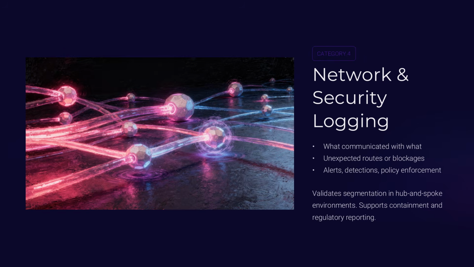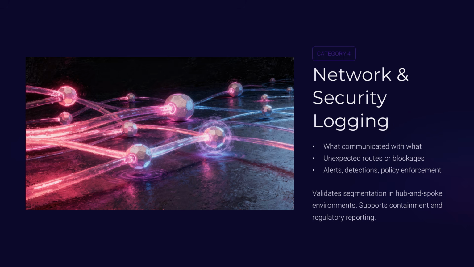With workload logging in place, you now cover network and security logging because many incidents are explained by traffic flow. Network logs help you understand what communicated with what, whether traffic followed expected routes, and where blockages or suspicious connections occurred.